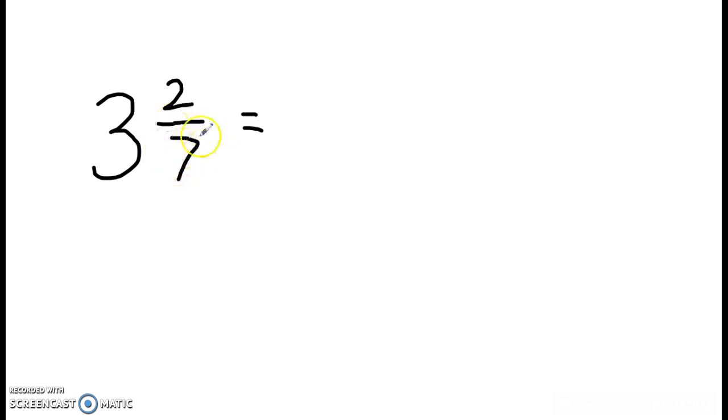The first way you can do it is you can think, okay, if I take this 7 in the denominator and I multiply it by this whole number 3, you would end up with 21. 7 times 3 is 21. Then you add to that the 2 for the numerator, and you'd end up with 23. You keep the denominator as 7, you'd end up with 23 sevenths.